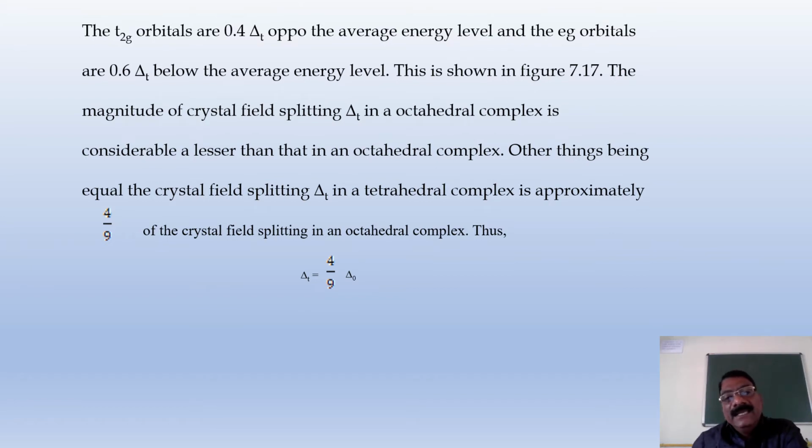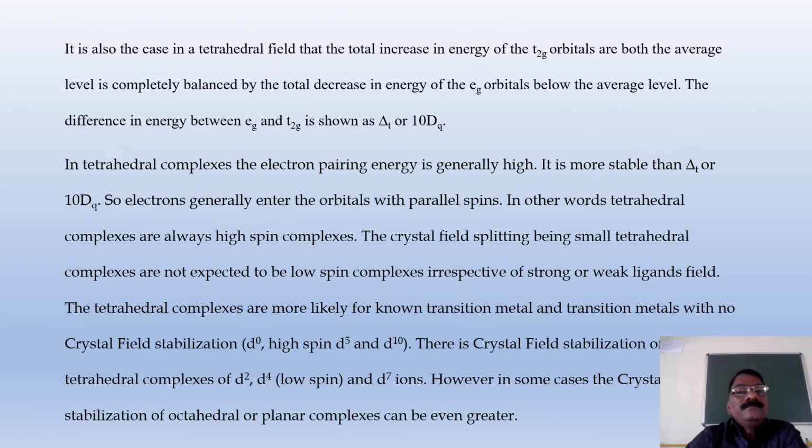Thus, delta T is equal to 4/9 delta O. It is also the case in a tetrahedral field that the total increase in energy of the t2g orbitals above the average level is completely balanced by the total decrease in energy of the eg orbitals below the average level. The difference in energy between eg and t2g is shown as delta T or 10 Dq.